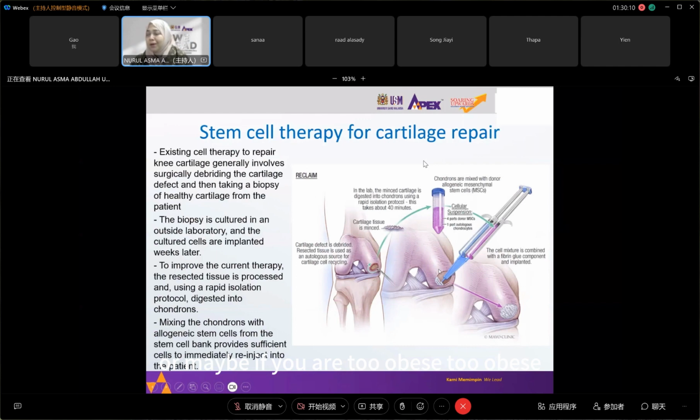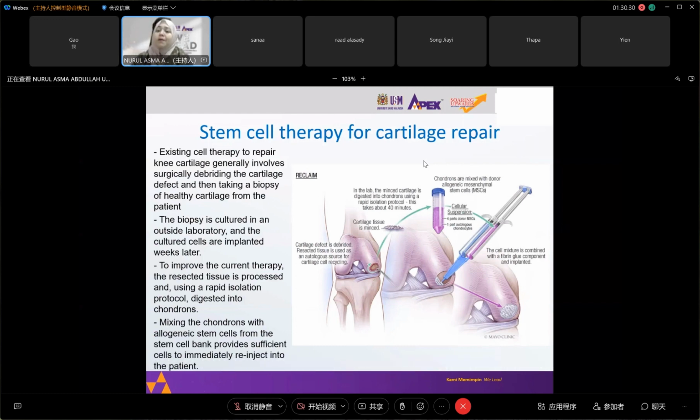Or maybe if you are too obese, so you are putting burden on your knee, and that makes your cartilage tear even easier because you have more burden.